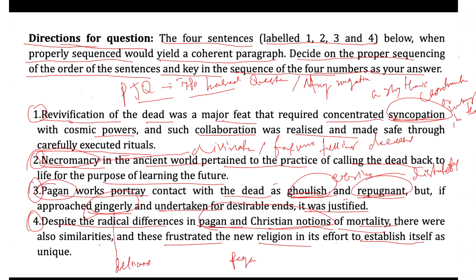However, it also states that there are similarities between the two, and these similarities created challenges for the new Christian religion in attempts to distinguish itself as something distinct and unique.